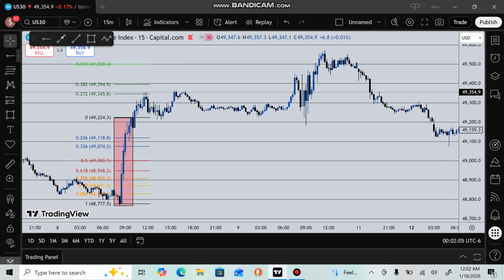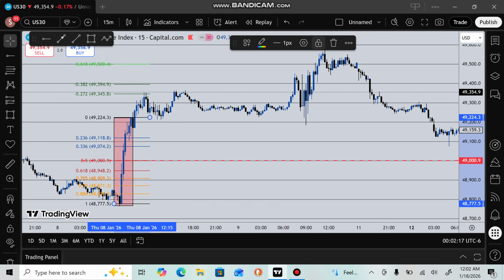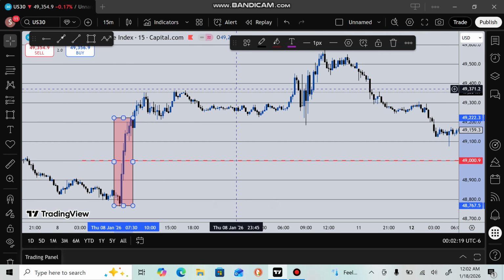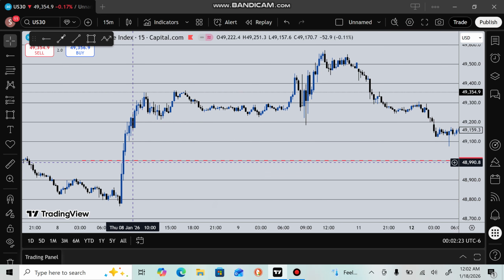So what you do is you take your horizontal ray, you put it on the 0.5 line off the fib, and that creates your entry for the 50% imbalance. That's how you target an imbalance.